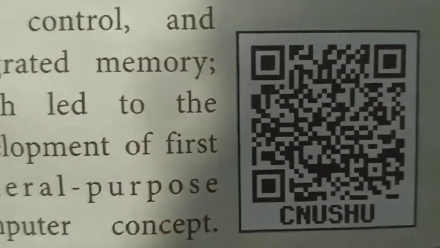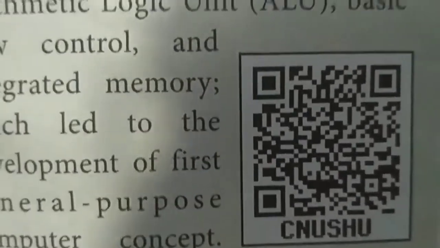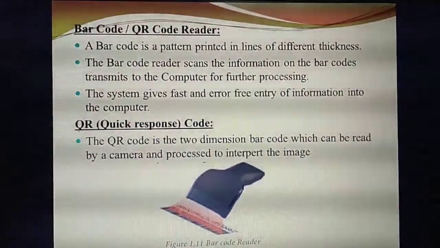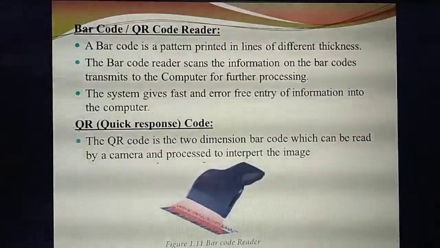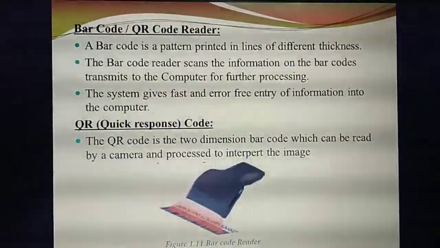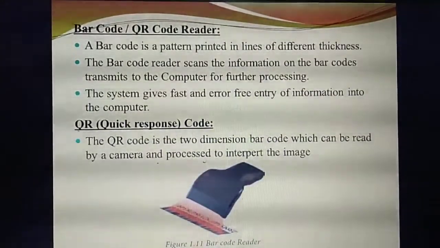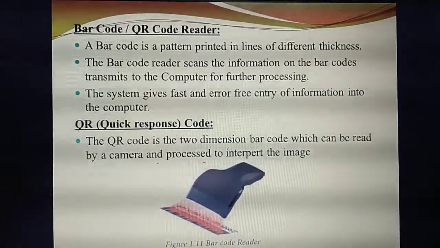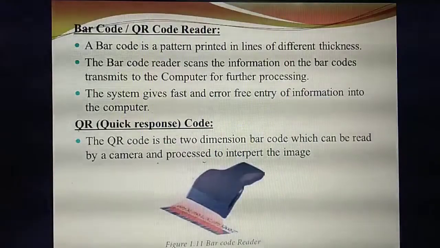Have you seen it? This is a 2-dimensional QR code. Nowadays each and everything has a QR code. It is a 2-dimension barcode that can be read by a camera.